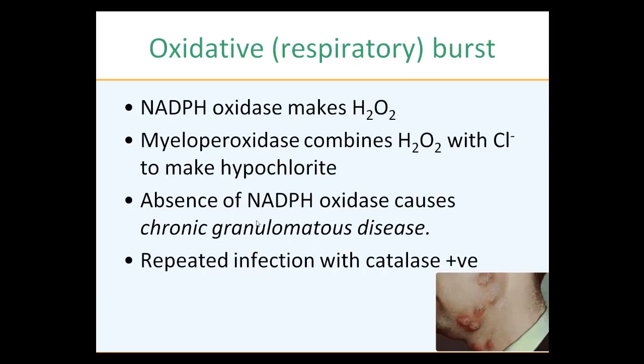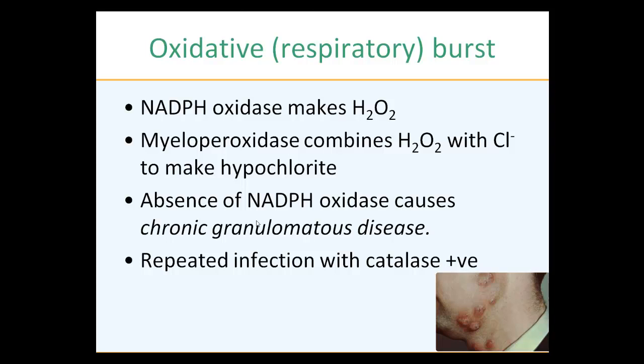So if we think a little bit more about the oxidative or the respiratory burst, the neutrophils are capable of utilizing an enzyme called NADPH oxidase, and that will make H2O2. The myeloperoxidase will take H2O2 and chloride to make hypochlorite, which is the bleach.